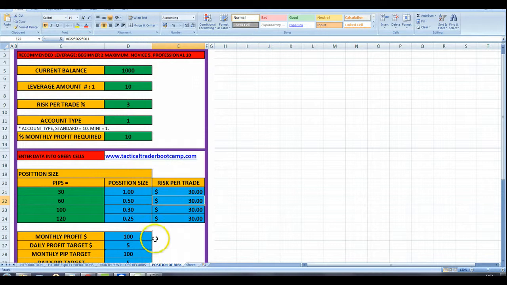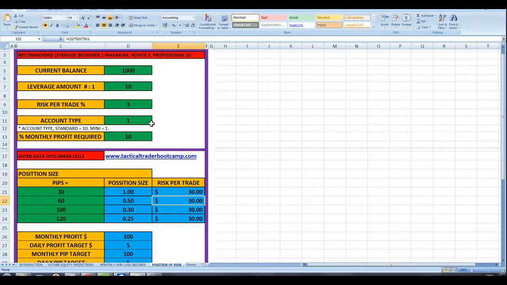So let's have a little look. We're just going to recap over these numbers, still working off the same basis that we were on the last video. Going to have a current balance of $1,000, a leverage amount of 10 to 1, still risking 3% per trade, and the account type is a mini.